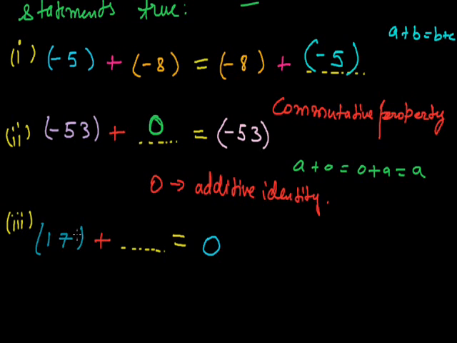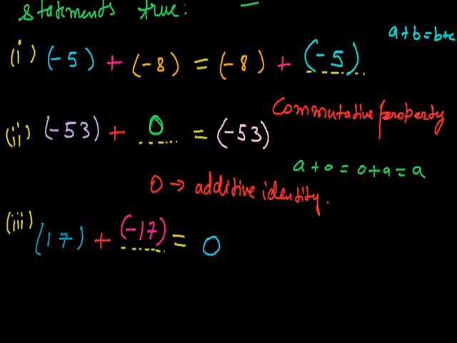Now this means if you are adding something to 17, it is totally cancelling its numerical value, and it is giving you 0. So the number could only be minus 17, that is a number with the same numerical value but with the opposite sign. This property is known as additive inverse.